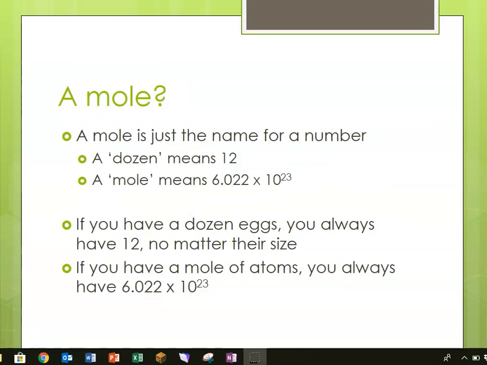So what am I talking about with this mole thing? Well, a mole is just a name for a number. And you know lots of numbers that have names. When we talk about a dozen, it's just a name for the number 12. A mole is just a name for this horrible number, 6.022 times 10 to the power of 23, Avogadro's number.